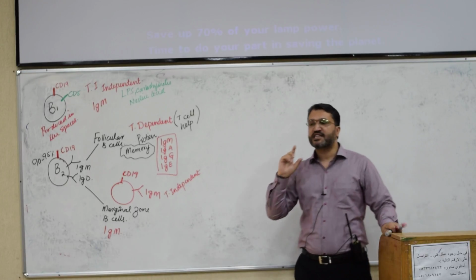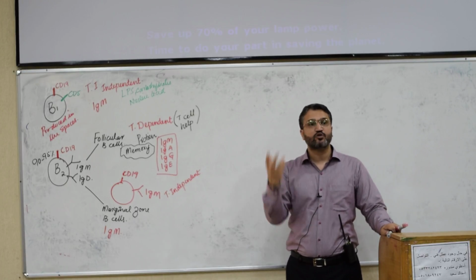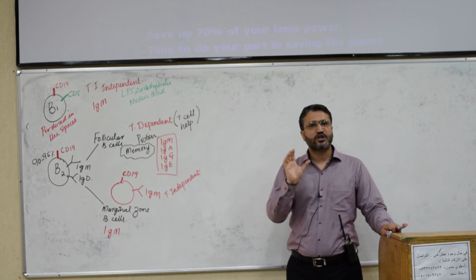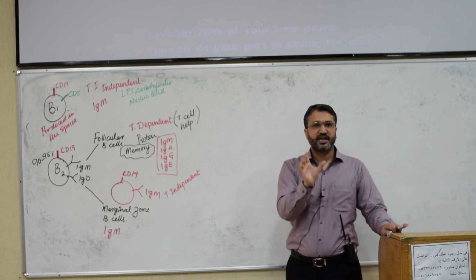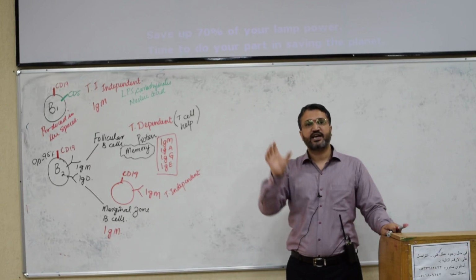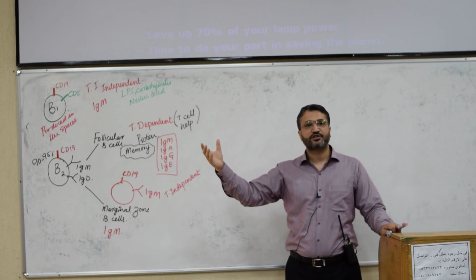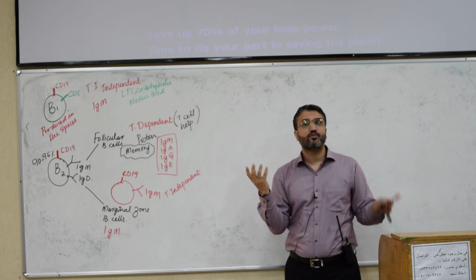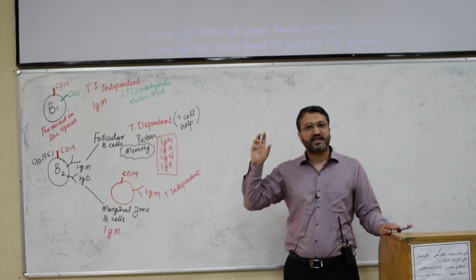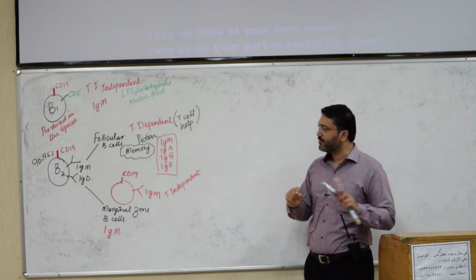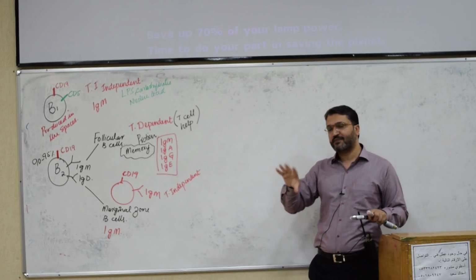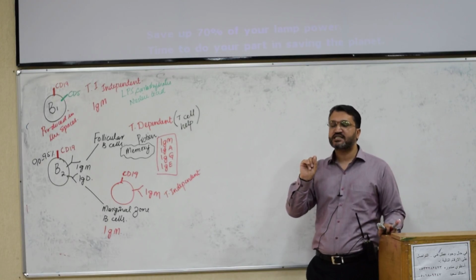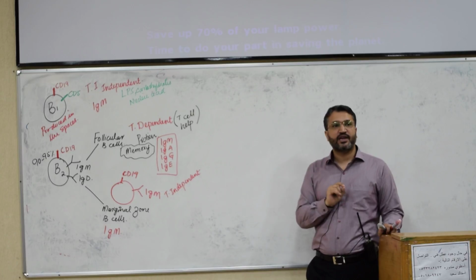Now, one aspect: B cells are produced in the bone marrow, and if you remember, I showed you certain gene segments, the variable segments V, J, D, and the constant region, and then there was a mixing of these gene segments to produce millions of B cells. This occurs in the bone marrow, and I'm telling you all this to confirm one word, somatic recombination.